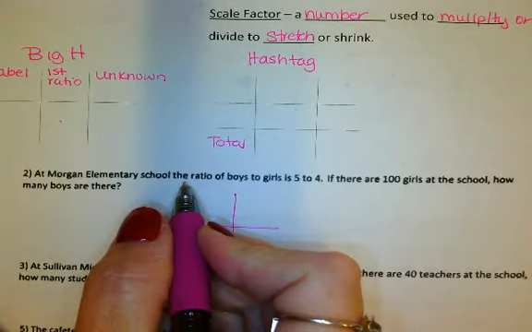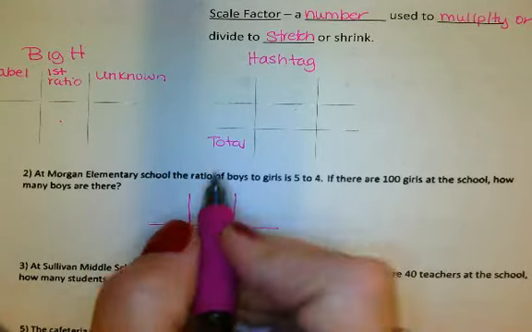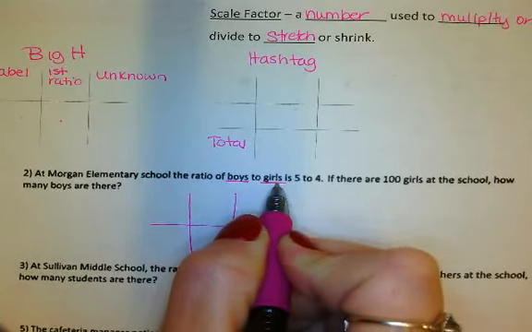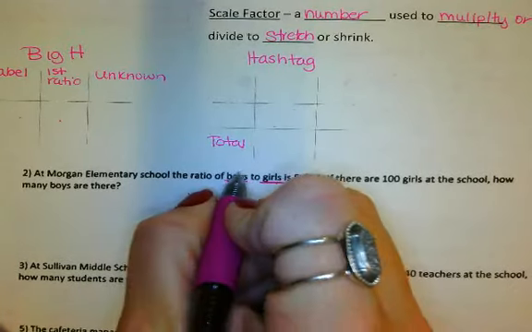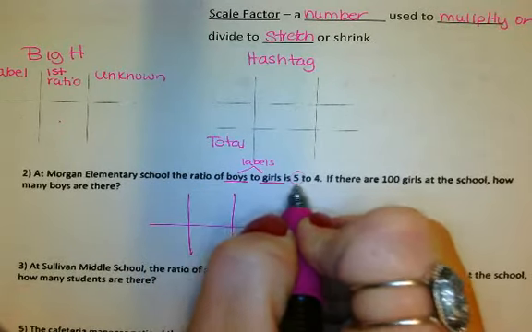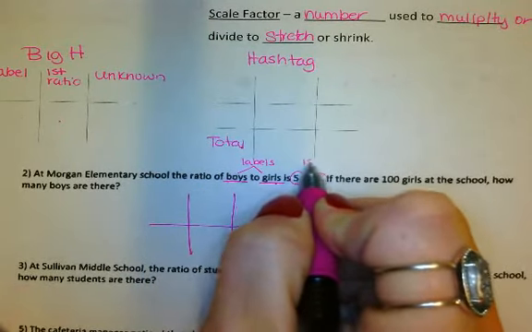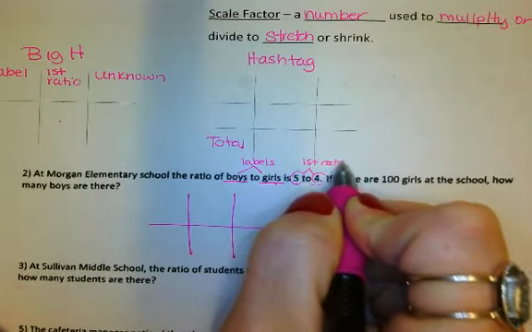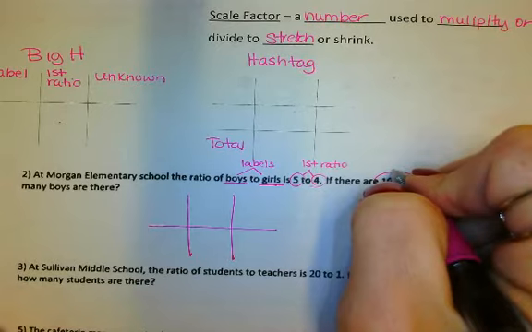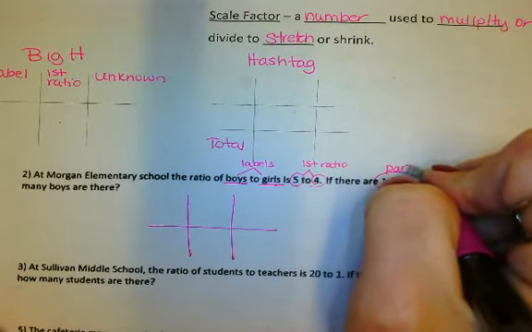If there are 100 girls at school, how many boys are there? Okay, so we have the ratio is boys to girls. Well, there's my labels. Okay, so these are my labels. Here's my first ratio. And then, look at that. There's my one part of my unknown.